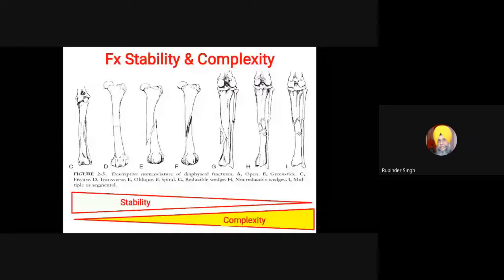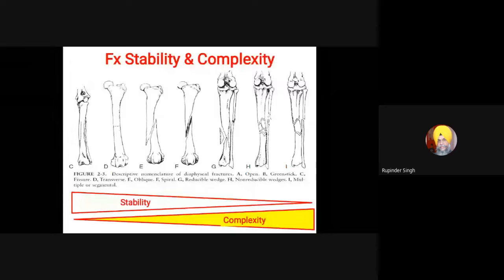I think this is one of the important decisive criteria for why we use pins in certain fractures, plates in certain other types of fractures, or various other types of implants. How do we choose?